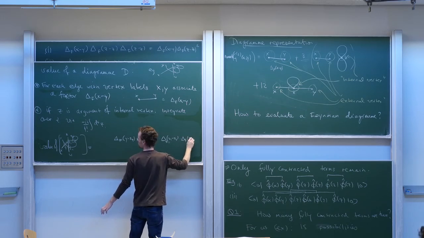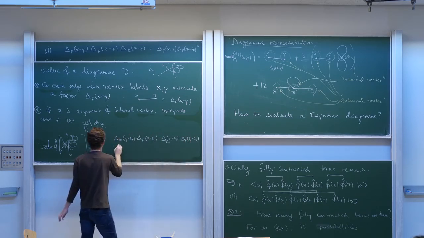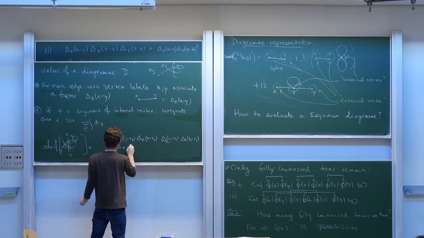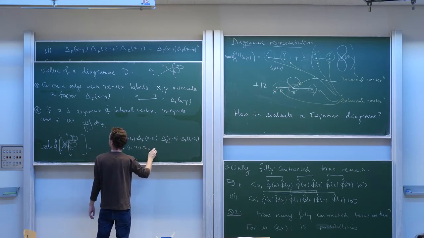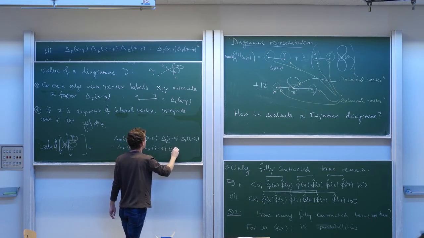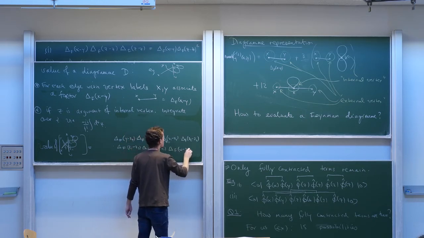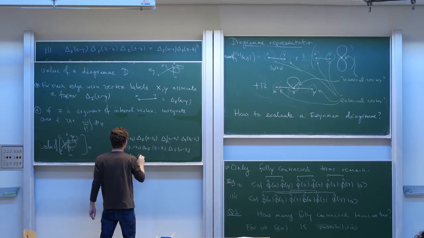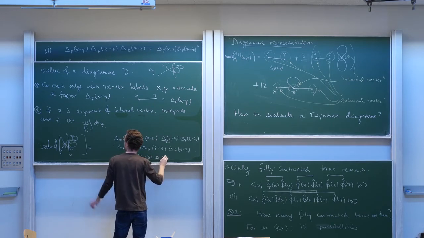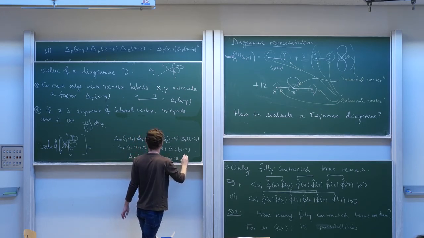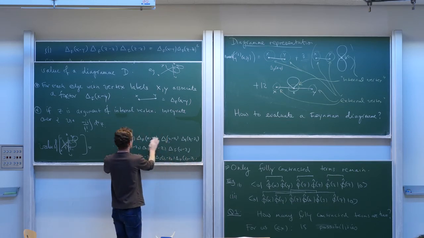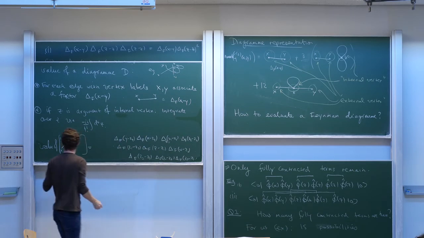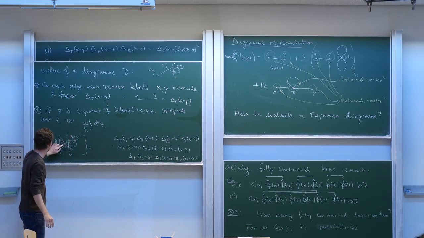Delta f z2 minus z4. Z2 minus z3. Oh, it's 10, not 11.